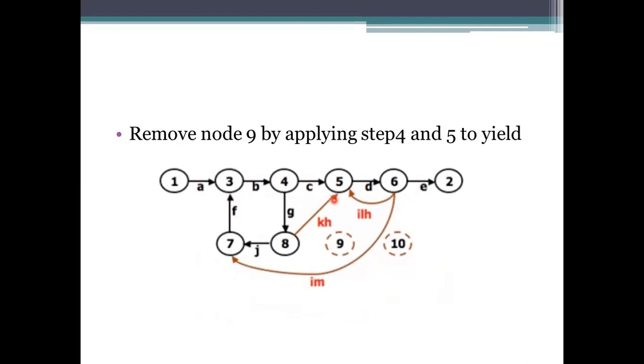And coming to the next one, removing the node 8 is a difficult one. Why so? When we are dealing with this 8th one, when we remove this one, we are getting the parallel here, because it is taking 4 to 5 and then next 4 to 5, the same node here.